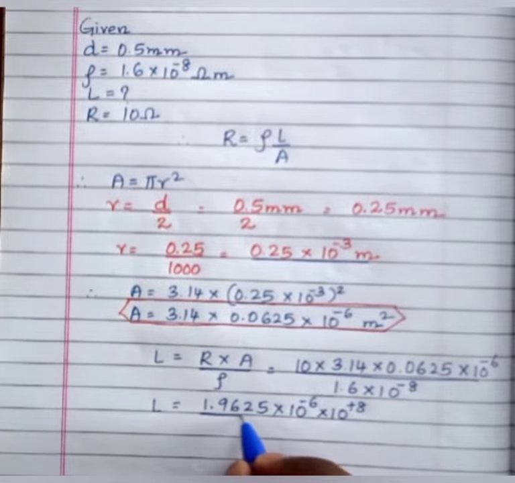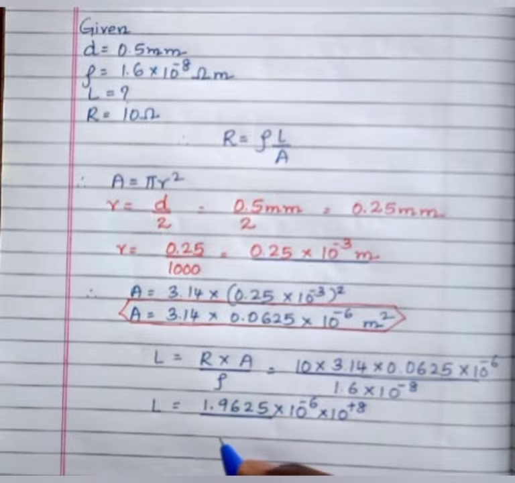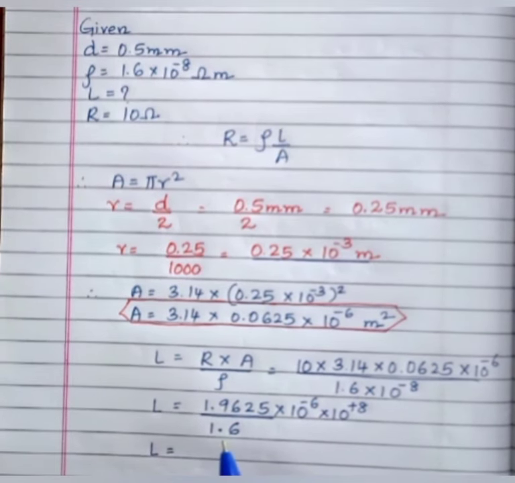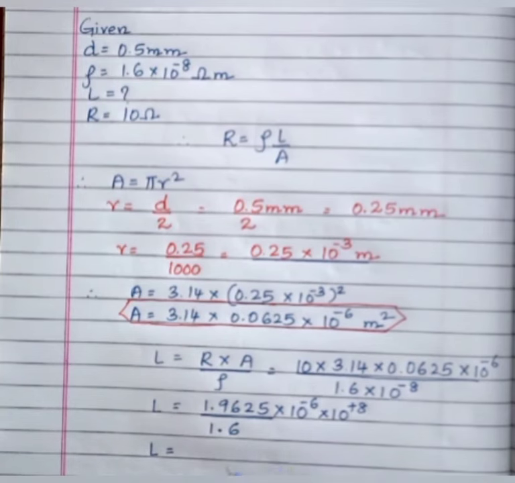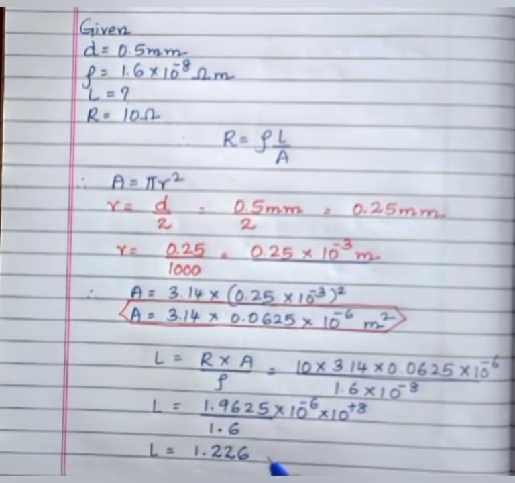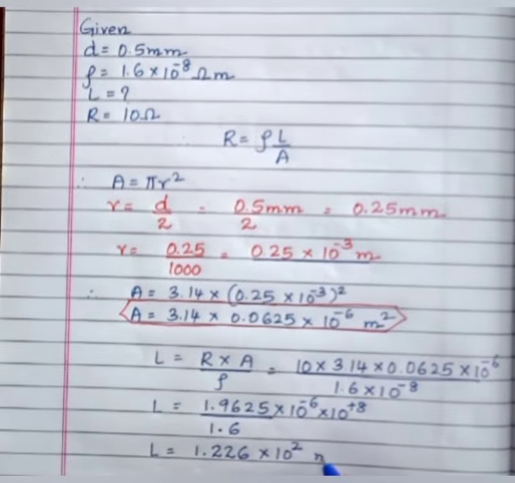Now reciprocal 10 power minus 8 in the denominator to numerator, the sign changes, it becomes 10 to the power plus 8 whole divided by 1.6. Now divide 1.9625 divided by 1.6, we get 1.226 into 10 to the power minus 6 plus 8, we get 10 power 2 meters.